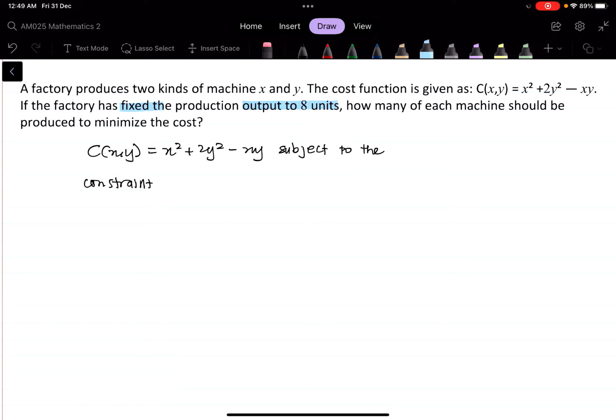Okay, so our constraint is x plus y equals 8.